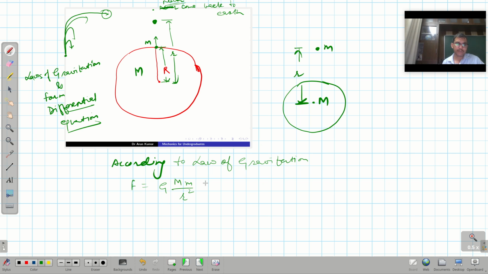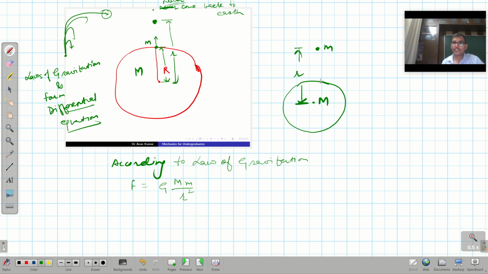This is a very well known formula for us, but when some force is exerted on it, then it gets accelerated or deaccelerated.